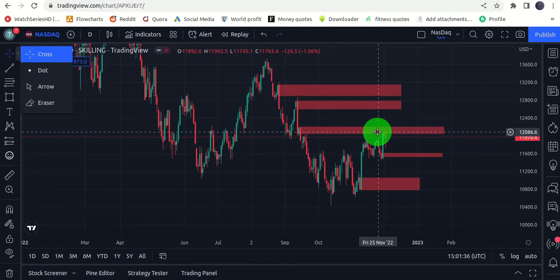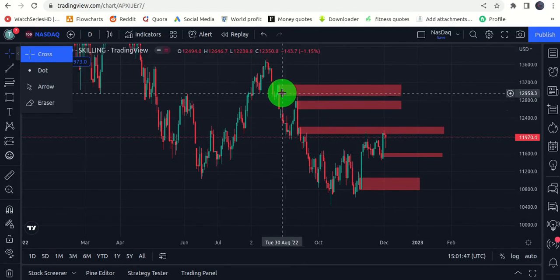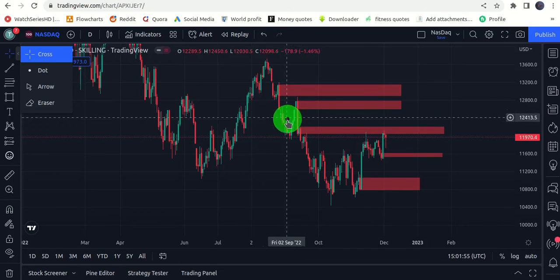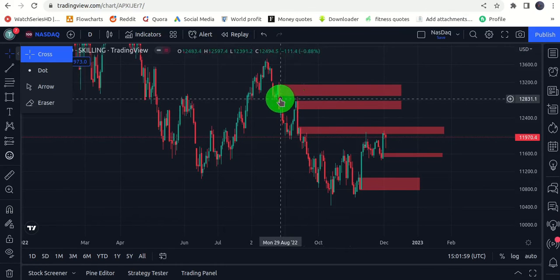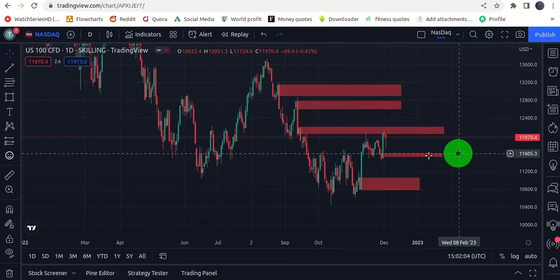So the way you would trade the imbalance is that you would want the market to come and fill that gap and then take the opposite trade. For example, here the market dropped, left an imbalance from here to the close, and then it continued going for more than a week. Then finally it went up, filled that imbalance, and finally dropped. This is Nasdaq 100.